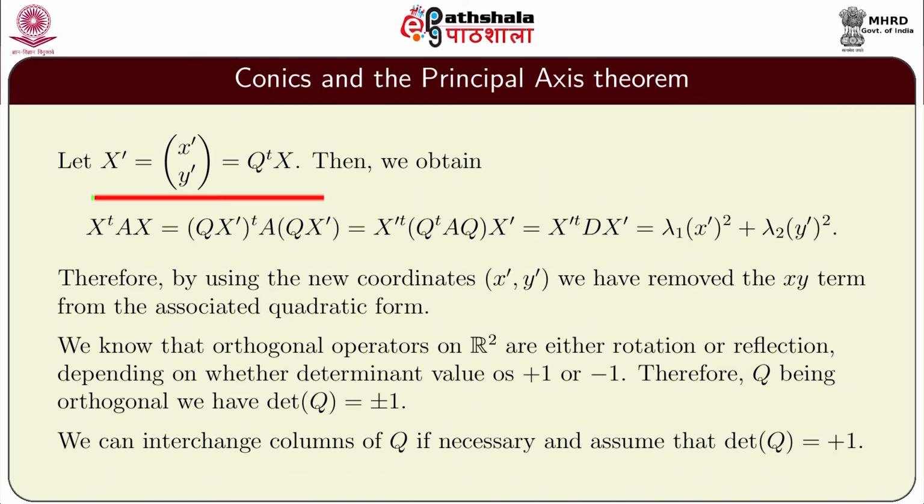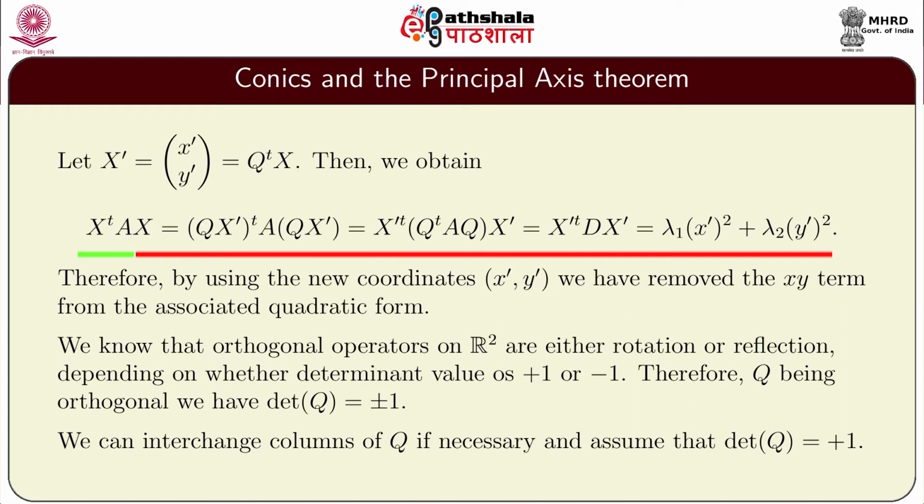Let us write X dash is equal to this column matrix x dash y dash, which is Q transpose X. Then we obtain X transpose AX is equal to (QX dash) transpose A QX dash, and that is X dash transpose Q transpose AQ times X dash, and that is X dash transpose D X dash, D is that diagonal matrix, and therefore, if we multiply it out, then we get lambda 1 x dash square plus lambda 2 y dash square.